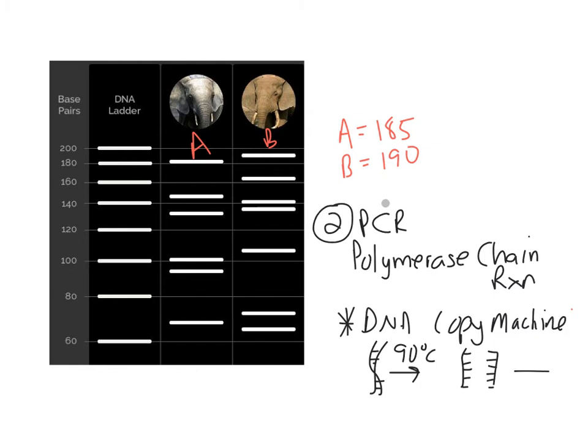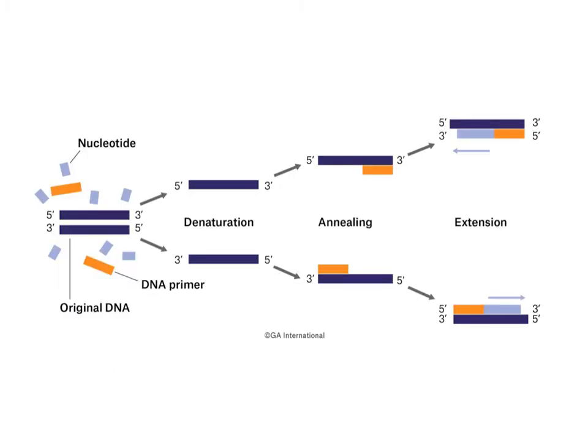Then you want to copy them while they're pulling apart. On this next slide, you can see the whole idea. In step number 1, you have a piece of DNA and you have all the nucleotides and all the primers ready to go, but you heat it up so that it denatures into the two halves. Now you have it split into the two halves.